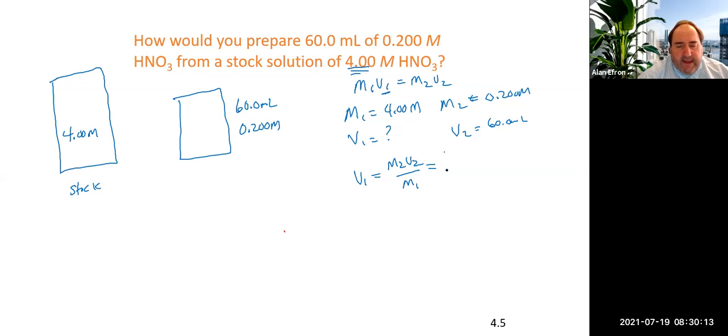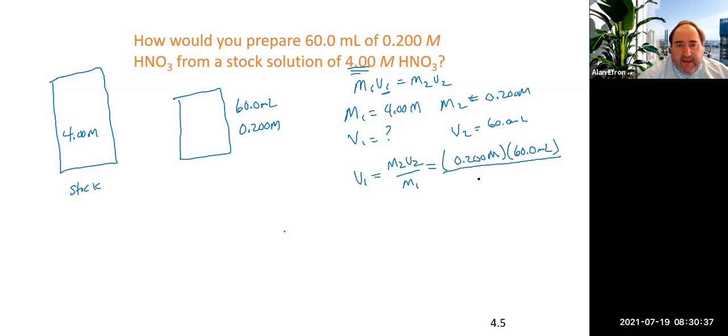In this case, M2 is 0.2 molar, and V2 is 60 milliliters. Here I can leave it in milliliters. If you want to convert it to liters, it's perfectly fine, you would put in 0.06 liters. It will come out the same in this case.